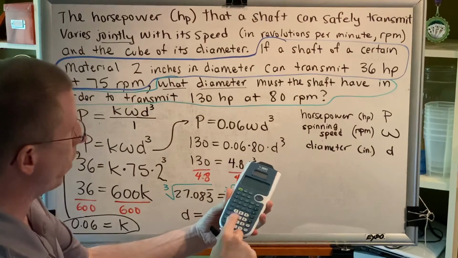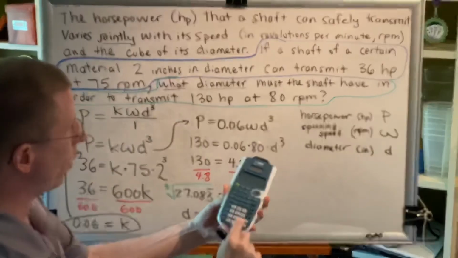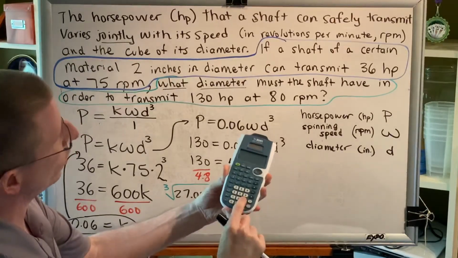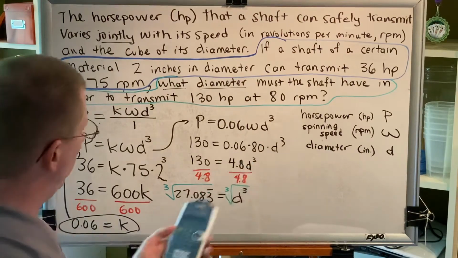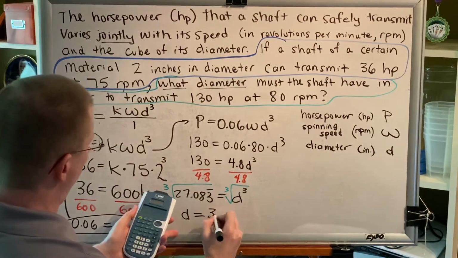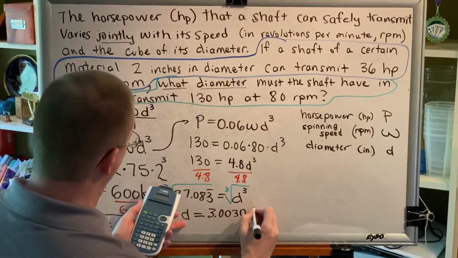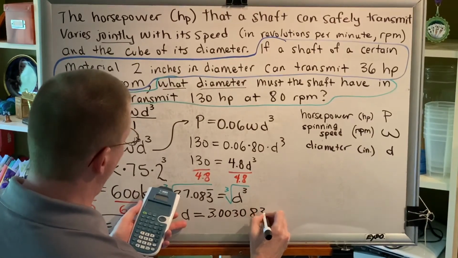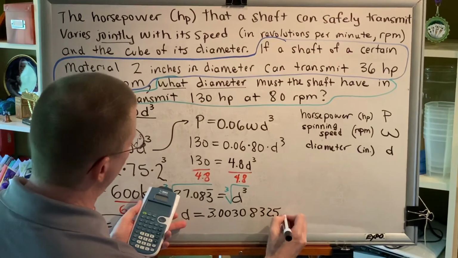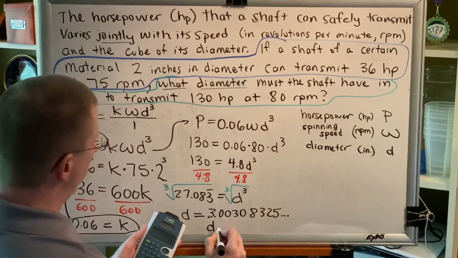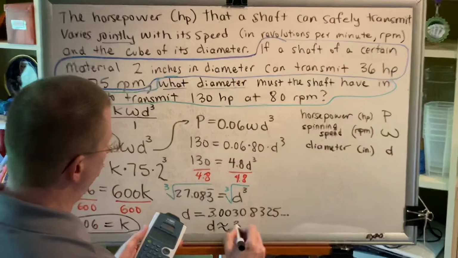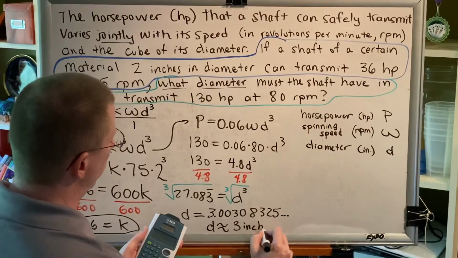And then you can put your 27.0833333 enter. And D is 3.0030832 or D is approximately 3 inches.